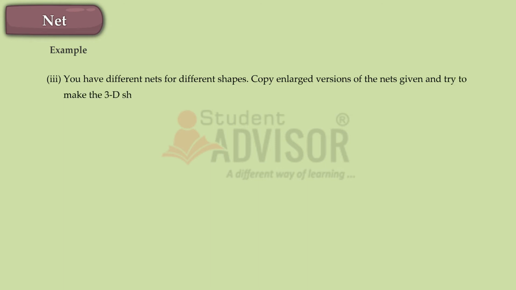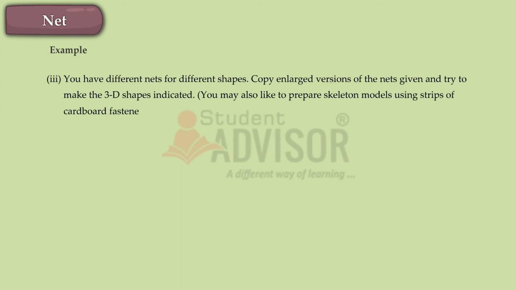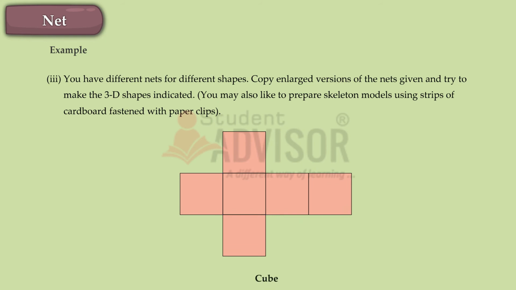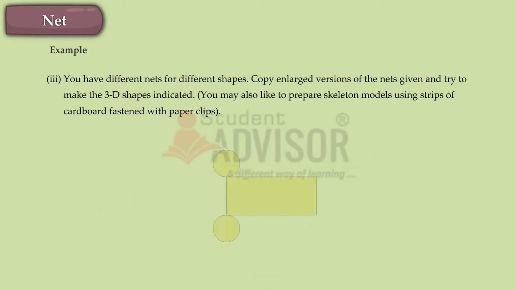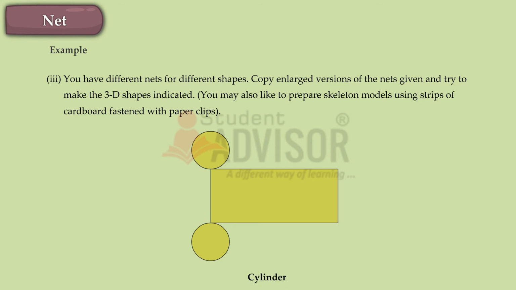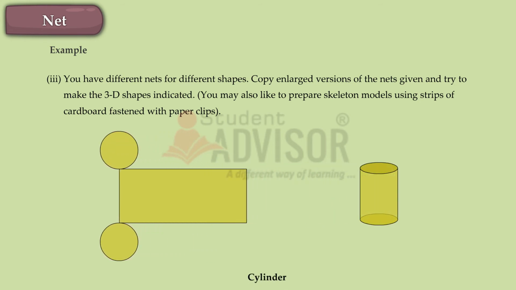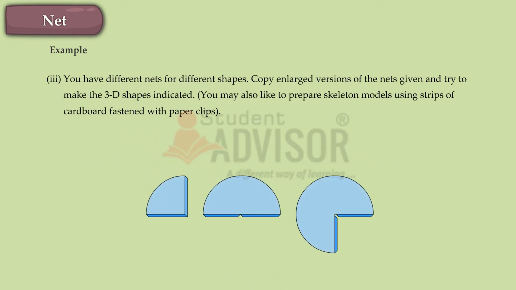You may also like to prepare skeleton models using strips of cardboard fastened with paper clips. Formation of cube from net of cube. Formation of cylinder from net of cylinder. Formation of cone from net of cone.